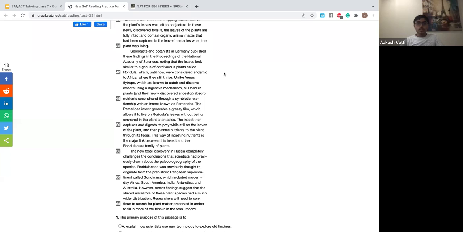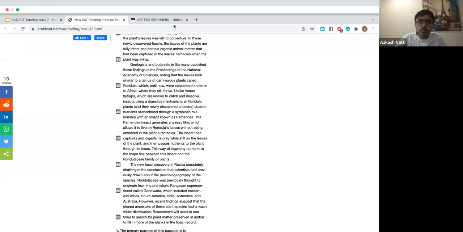Unlike Venus flytraps, which are known to catch and dissolve insects using a digestive mechanism, all Roridula plants and their newly discovered ancestors absorb nutrients secondhand through a symbiotic relationship with an insect known as a pameridea. The insect generates a greasy film, which allows it to live on the leaves without being ensnared in the plant's tentacles. The insect then captures and digests its prey while still on the leaves of the plant, and then passes nutrients to the plant through its feces. This way of ingesting nutrients is the major link between this insect and the Roridula family of plants.